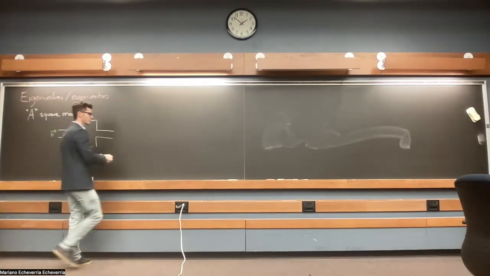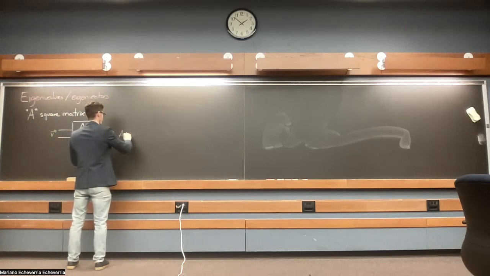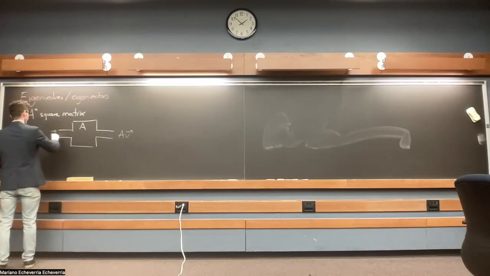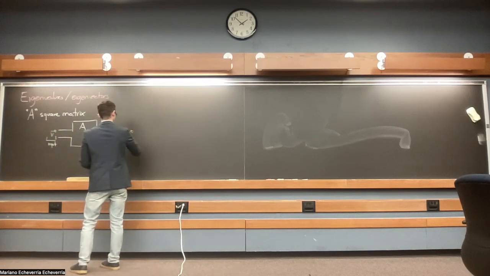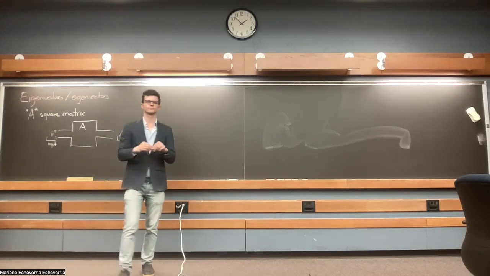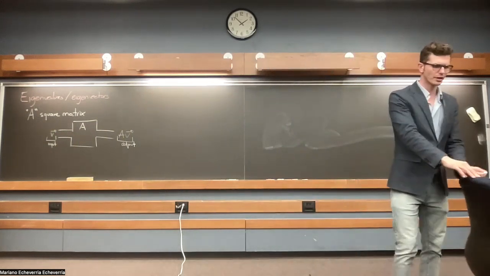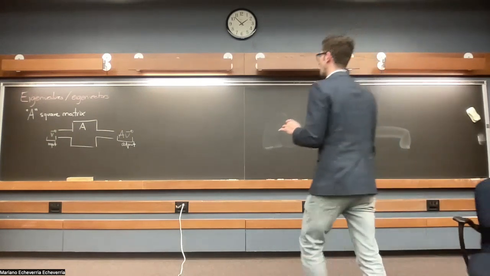The output that it produces is a vector Av. So this is the input, and this is the output. And that is actually true in general, regardless of whether or not the matrix is a square one.